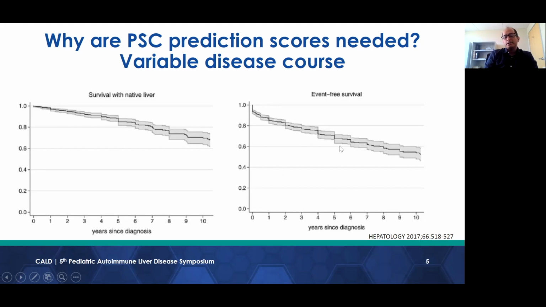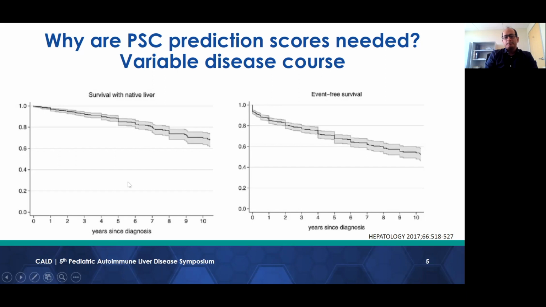Shown here on the right is a Kaplan-Meier curve demonstrating event-free survival, and events means hepatobiliary complications such as portal hypertension or biliary strictures or biliary complications, which shorten survival with native liver. And as you can see, about 30% of patients and about 50% of pediatric PSC patients experience an outcome at 5 or 10 years after diagnosis, respectively.